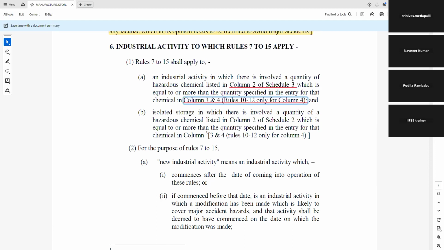Rules 7 to 15 are applicable for Schedule 3 column 2 and column 3, and for the chemicals listed in column 4, only rules 10 to 12 are applicable.